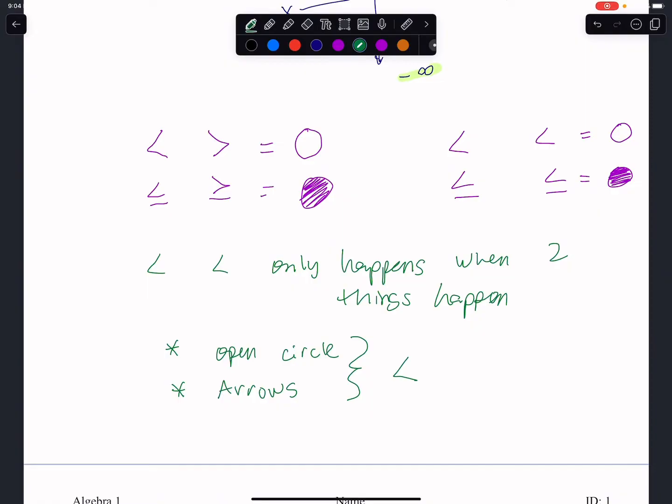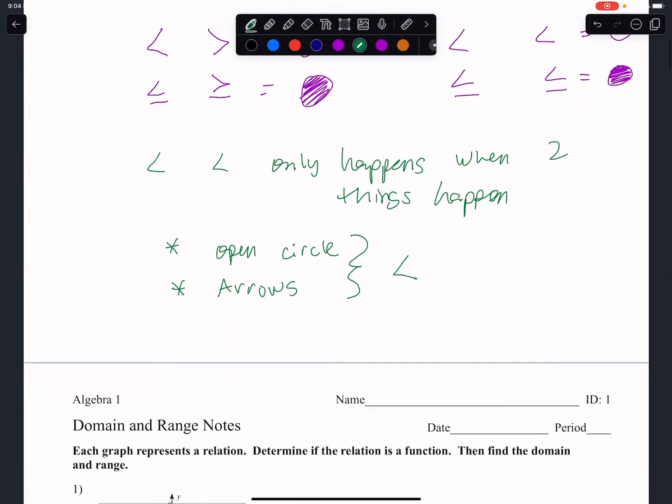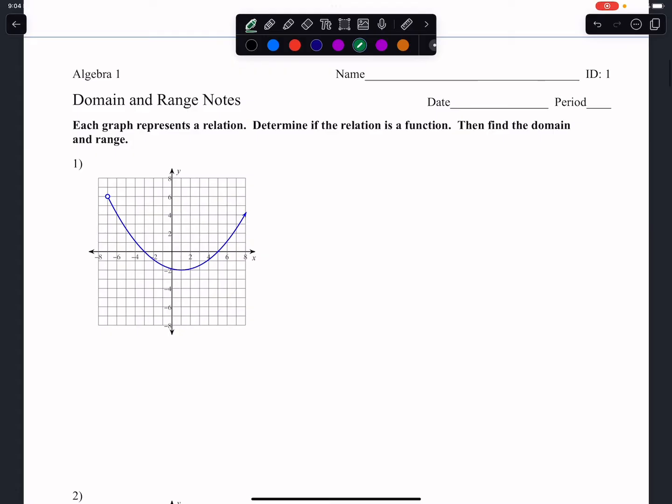All right, let's go ahead and take a look at some examples. For the domain, we've got to go furthest left to furthest right. If I were to draw a line to my furthest left point, it will be right here, and then on my furthest right, there's an arrow here.